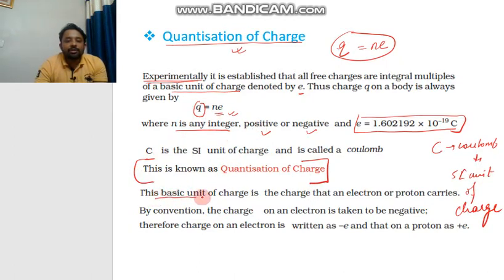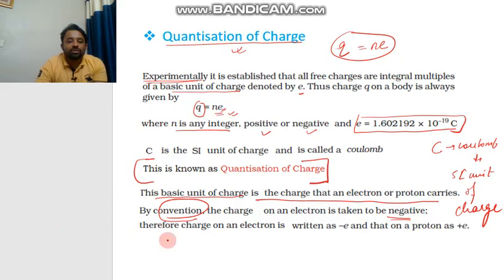Now the basic unit of charge, which we have just seen here, e, is basically the charge on an electron or a proton. That is, e is the electric charge carried by a proton or an electron. By convention, we know that the charge on electron is taken to be negative.